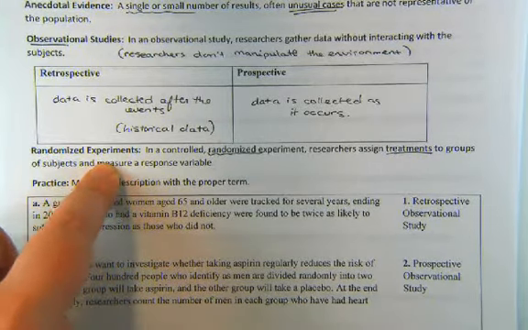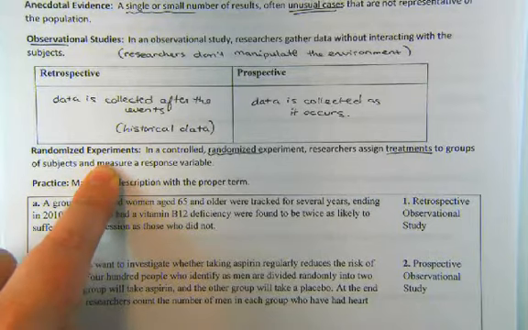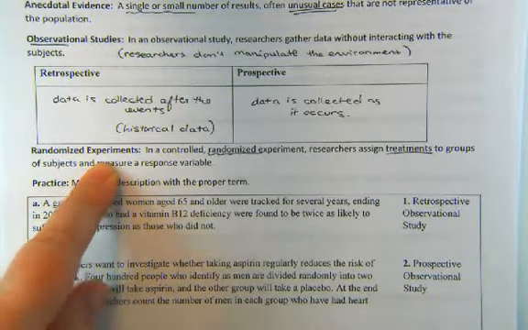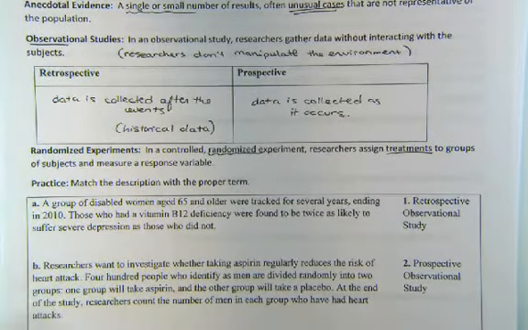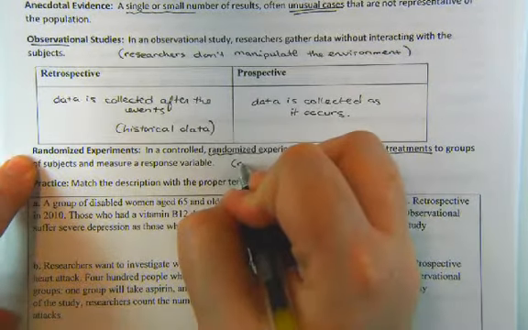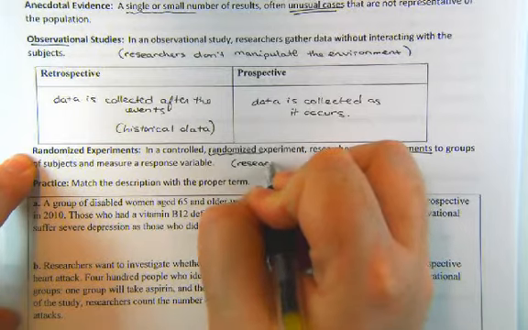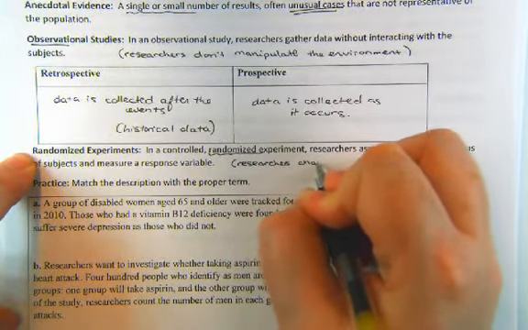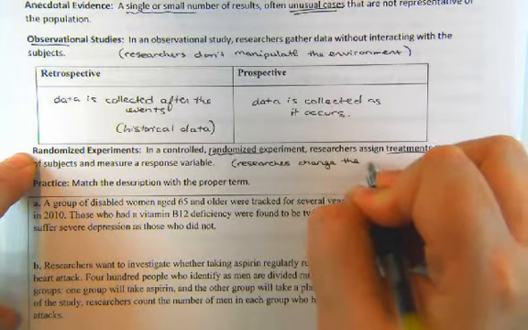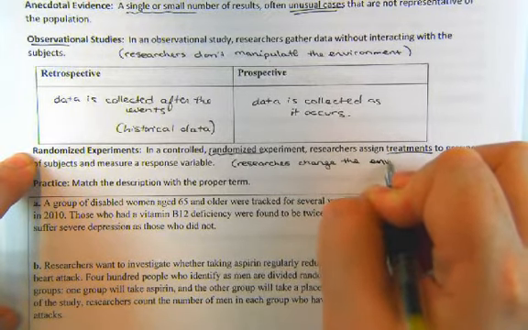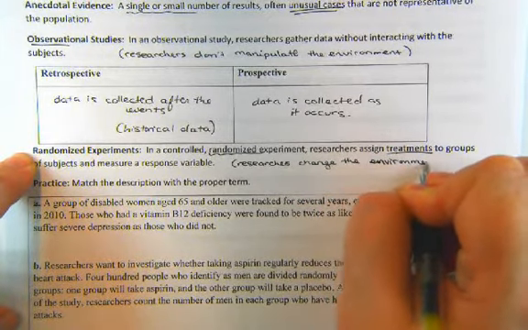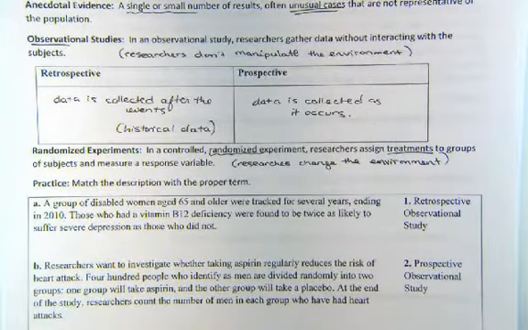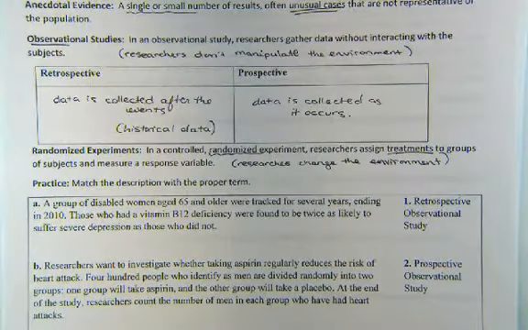So that's our response variable. So with this, researchers change the environment. There are so many ways to do this, but often what we hear about are drug studies. If they're testing to see if some drug works in a specific way, then they would be doing an experiment because they're changing what's being given to the person.